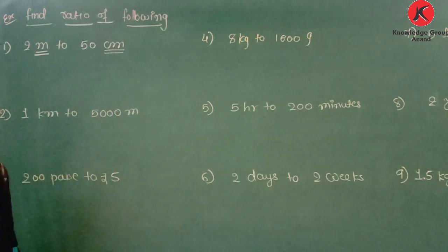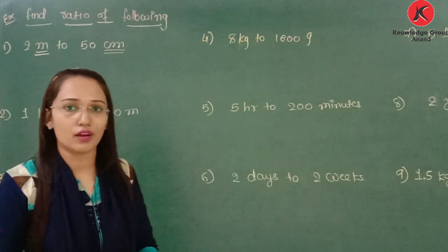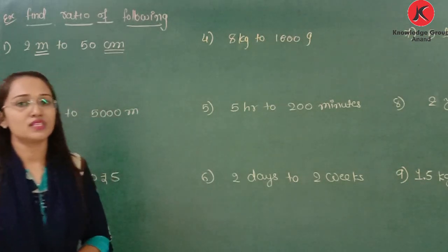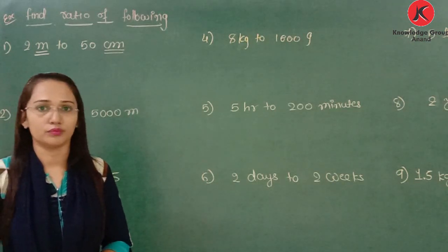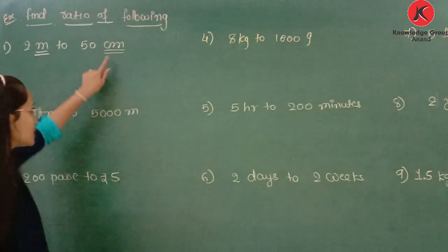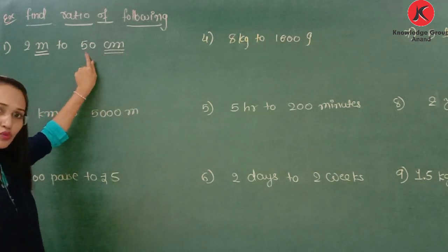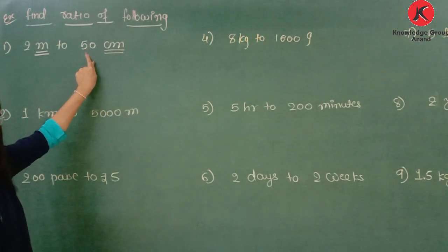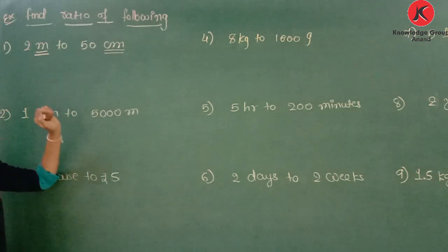Both will be correct. But whenever this kind of example is there and you need to perform the conversion, to make the example simpler, it is better to convert larger to smaller. You can convert centimeter into meter also, but then you will get a decimal point. So it is better to convert the larger unit to the smaller.